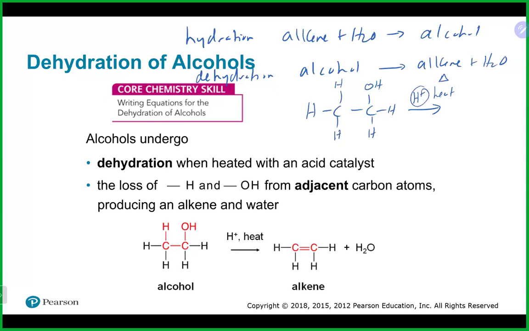If you see a triangle on top of the arrow, that usually implies heat was involved. And it dehydrates. Just like when we put water on, the H goes to one carbon and the OH goes to another, when we take the water off, we do the same thing: H from one carbon, OH from another. So we take the water off the same way that we put it on.